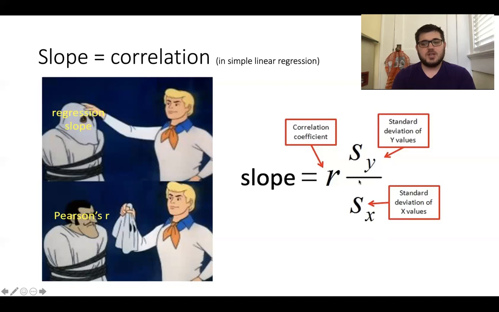We're just changing whether it's S of Y divided by S of X, or S of X divided by S of Y. The statistical significance of the slope is not going to change. The slope might change from being positive or negative, but the slope is determined really by the correlation coefficient.